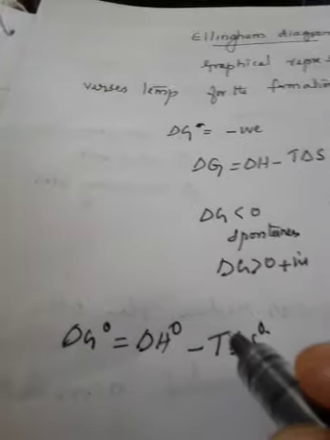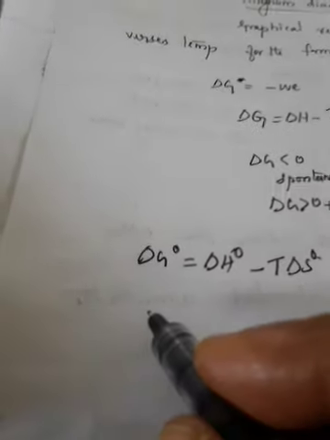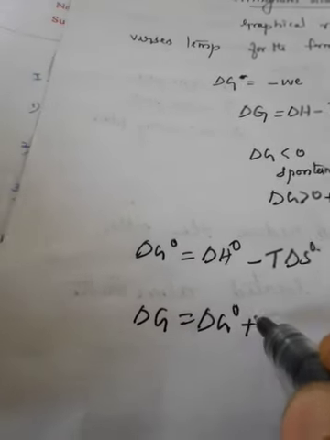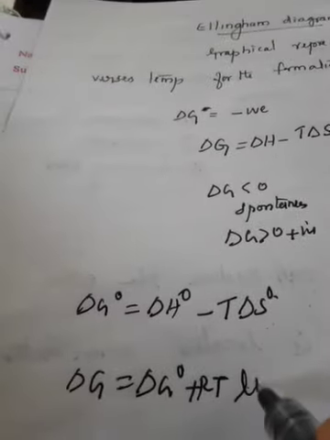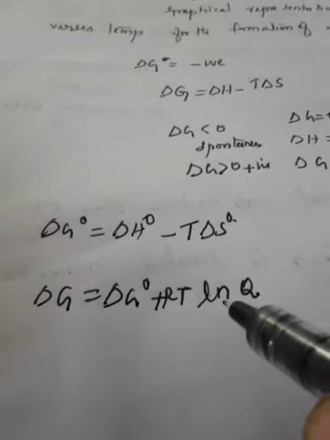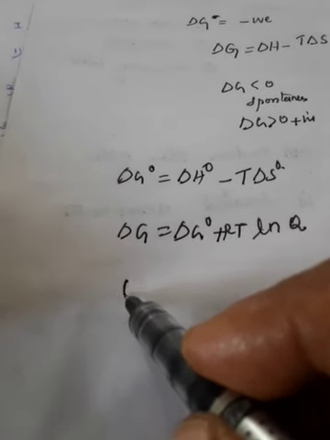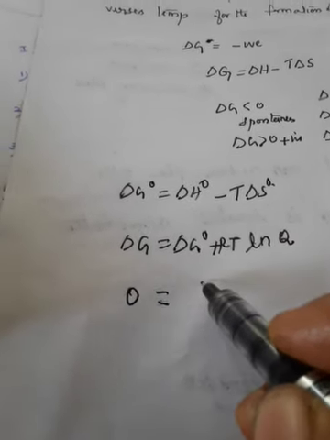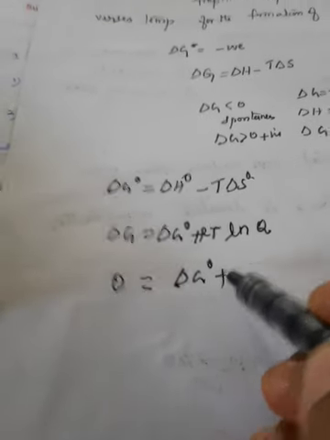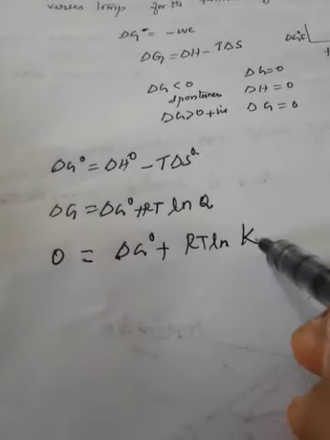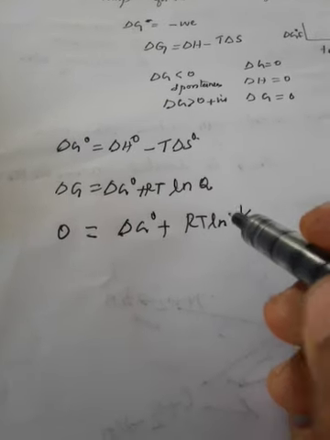In a non-standard condition, how can this be written? Delta G is equal to delta G naught plus RT ln Q, where Q means the reaction quotient in a non-standard condition. At equilibrium, delta G will be equal to 0, so delta G naught plus RT ln Q, with Q becoming K, the equilibrium constant.